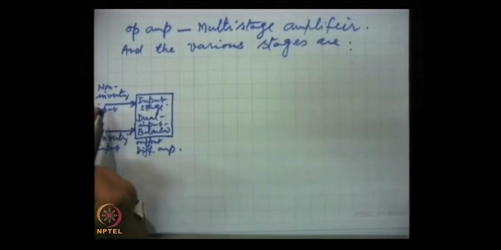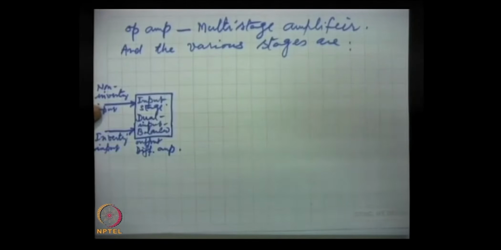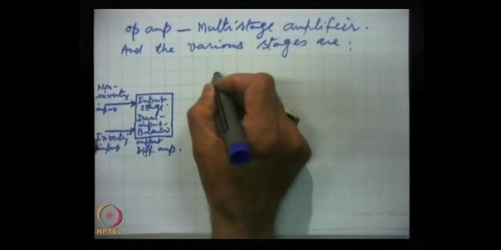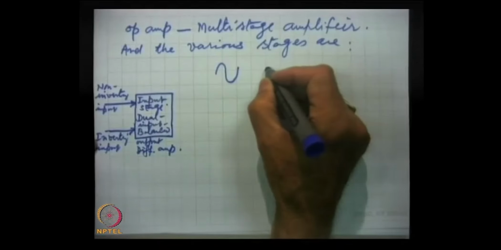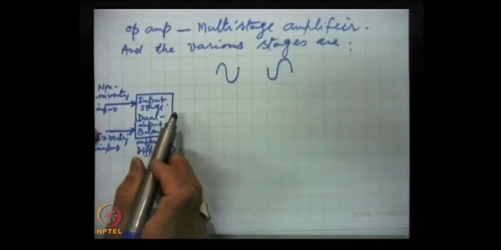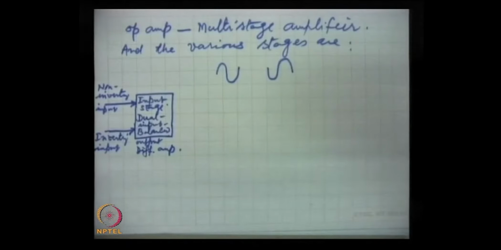If we give a negative voltage, at the output it will be an amplified negative voltage. While for the inverting input, if we give an AC signal, then at the output it will be inverse in phase. If we give a positive signal, it will appear as negative, and if we give a negative signal, it will appear as positive, that is, it will change its phase.